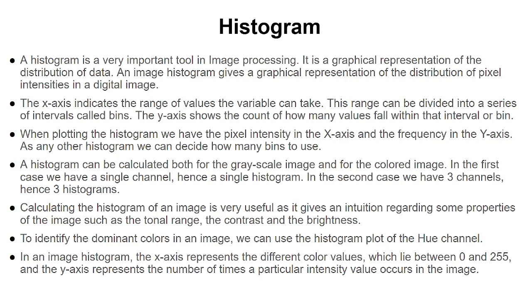Calculating the histogram of an image is useful as it gives intuition regarding some properties of the image, such as tonal range, contrast, or brightness. In an image histogram, the x-axis represents the different color values, lying between 0 and 255 for gray, and the y-axis represents the number of times a particular intensity value occurs in the image.